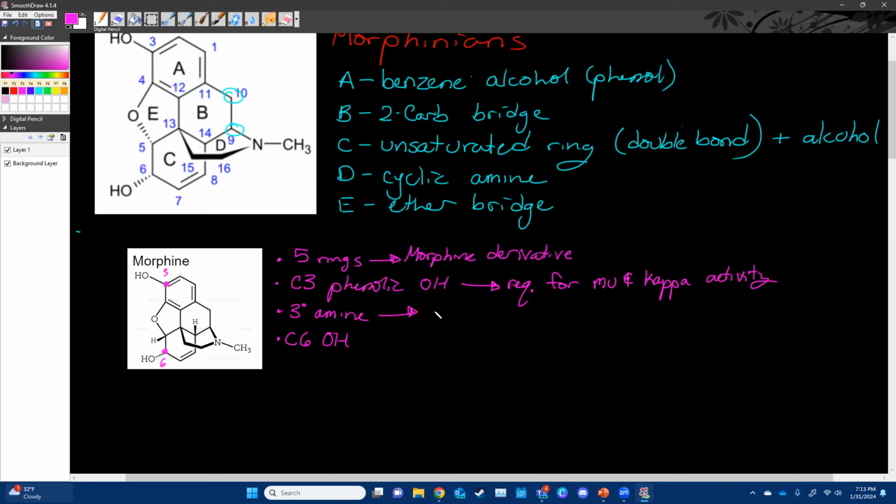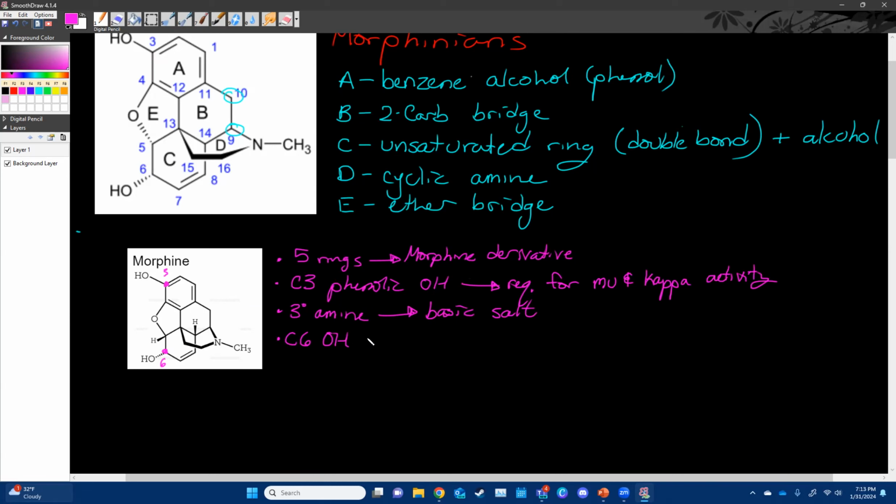For a tertiary amine, this forms a basic salt. And because we can form a salt, it means that we have a better ability to form an oral drug.